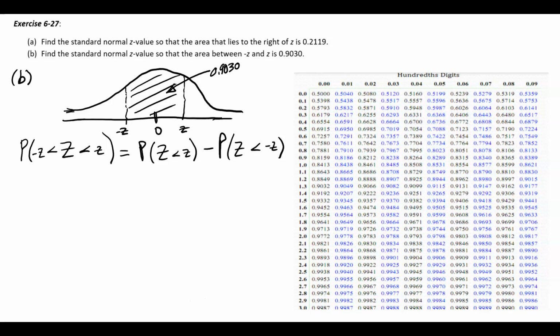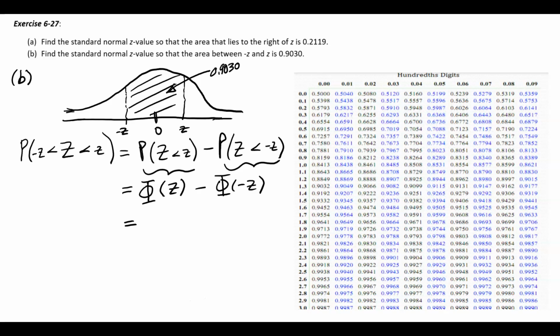As you know, this is just evaluating the cumulative distribution function at z and at negative z. You should recall also that the cumulative distribution function for the normal distribution is represented by phi. So what we're finding here is phi of z minus phi of negative z.